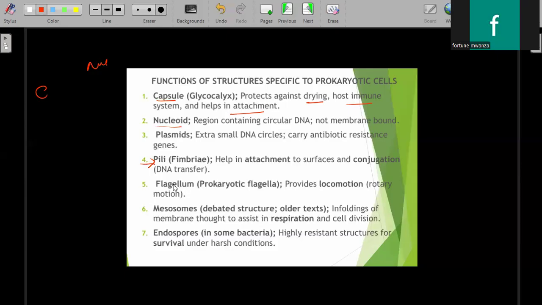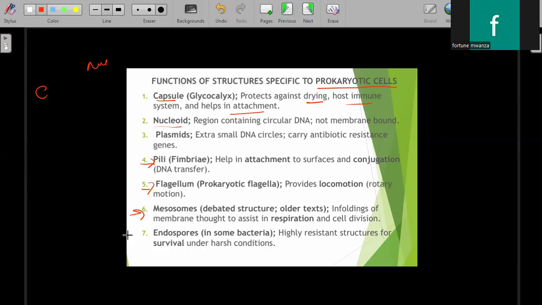For swimming or movement, you have the flagellum. You are also going to have what we call mesosomes. You are only going to find mesosomes in prokaryotic cells, not in eukaryotic cells. These are the ones which carry out respiration. Then you also have what we call endospores.